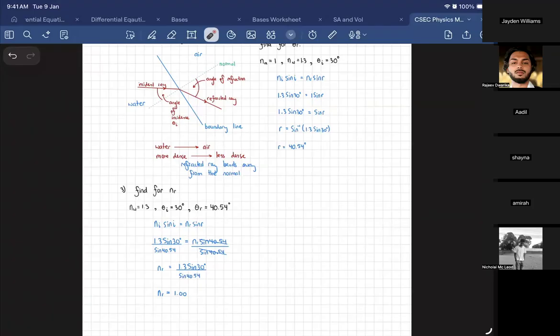And the little R means we're looking at the refracted ray. Where is the refracted ray? In the air. So they wanted us to find the refractive index of air. What do we know the refractive index of air to be? 1. Did we get that? Yes. So everything makes sense.